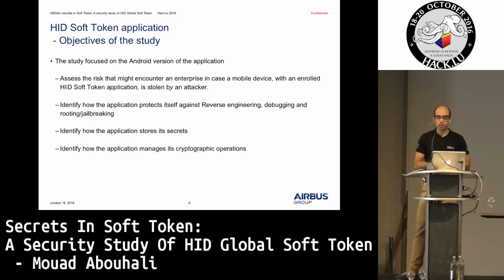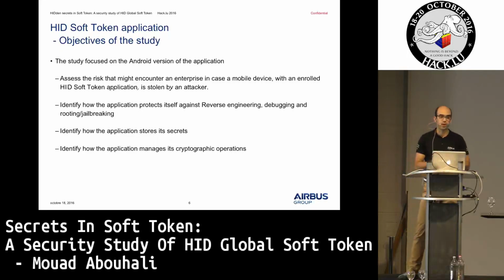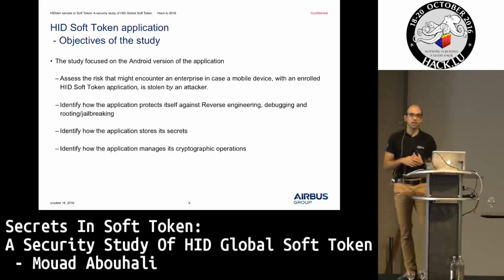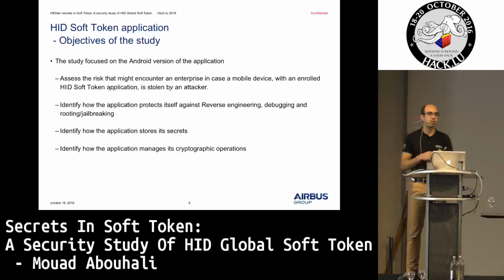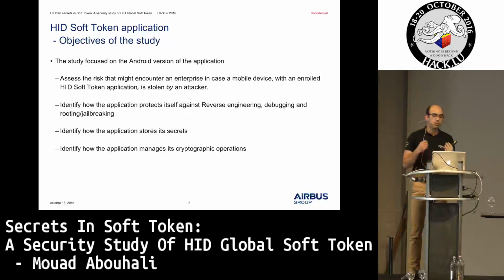The main risk that we wanted to assess here was to check if an attacker who has the ability to steal the device is then able to extract all the configuration files that belong to the application and replay them without having any secrets.